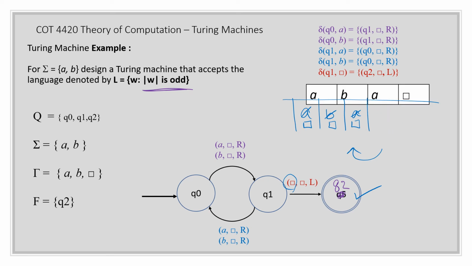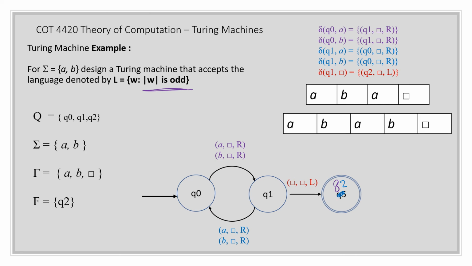Oh, I have one here that we could have tested. So let's do that. We already did ABA. Here's one that's not accepting, so let's try it here. I'm in Q0, change this to a blank and move to Q1.